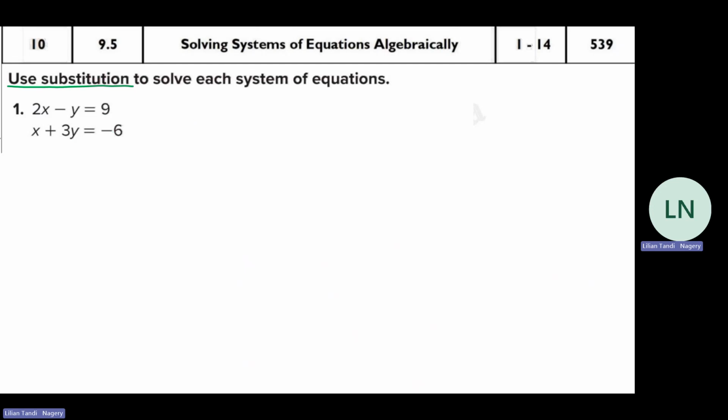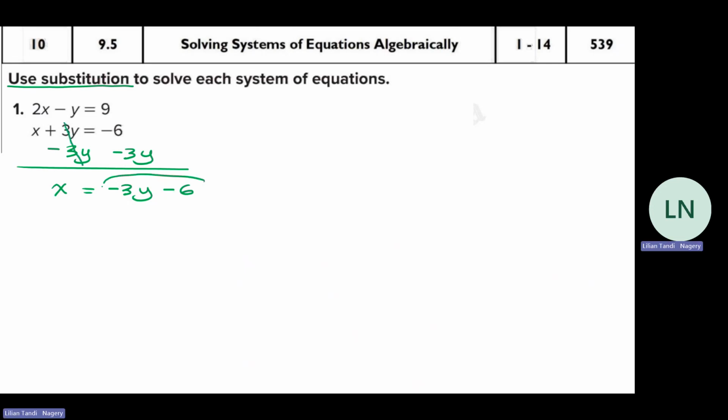Okay? So I'll make one of my equations start with either x or y. So I'm going to make my second equation start with x. I subtract 3y on both sides. So we'll have x equals negative 3y minus 6.